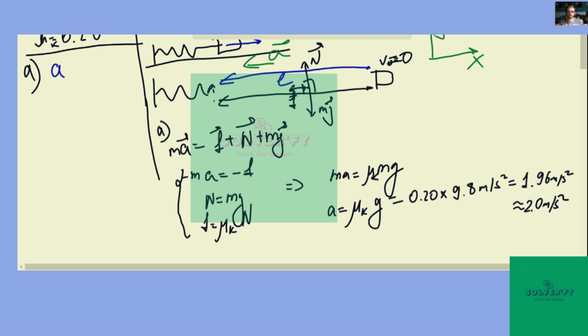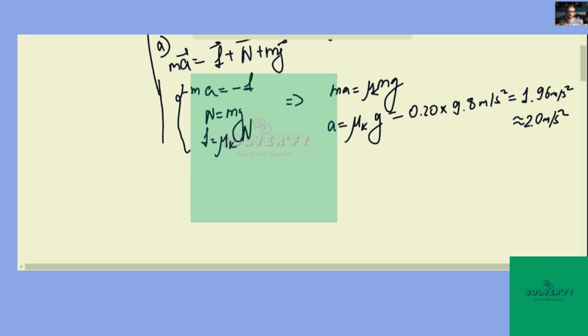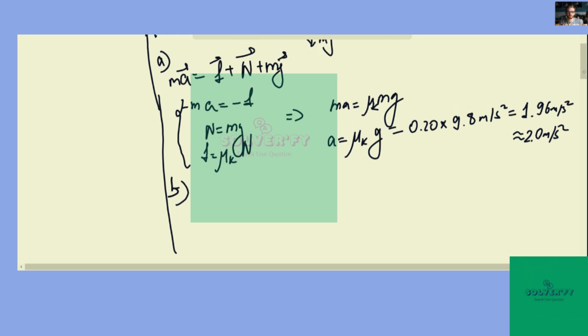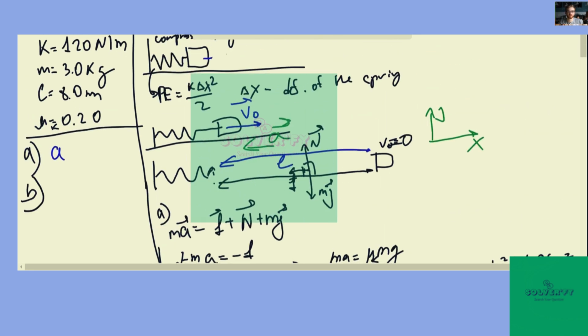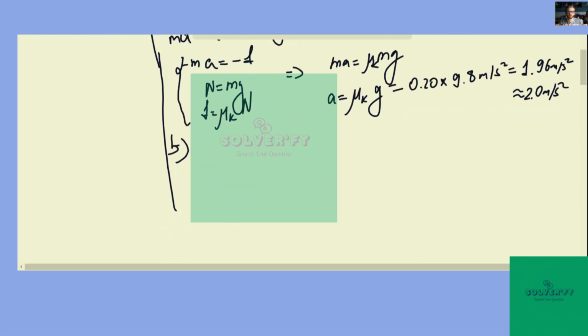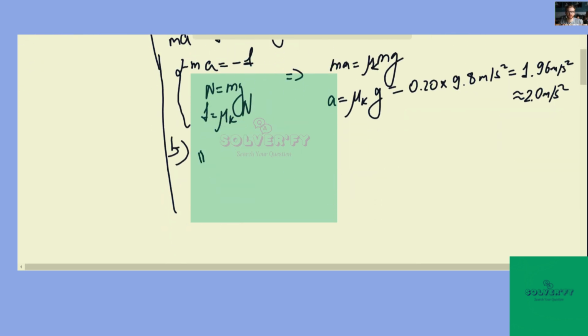Okay, now we have to calculate the object speed when it leaves the spring. So we have to calculate v0. The absolute value of the work of the friction force equals the difference between the initial kinetic energy and the final kinetic energy of the block.